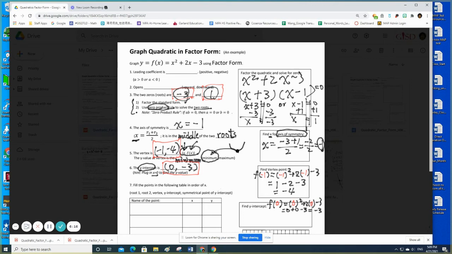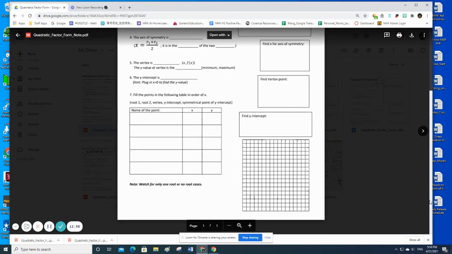You can copy all this down now. Earlier, we already got the 4 important points. Remember that the 4 important points first are the 2 roots.